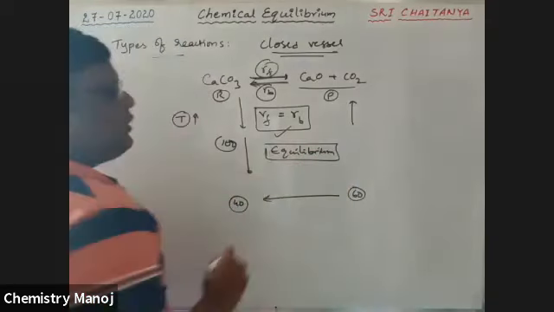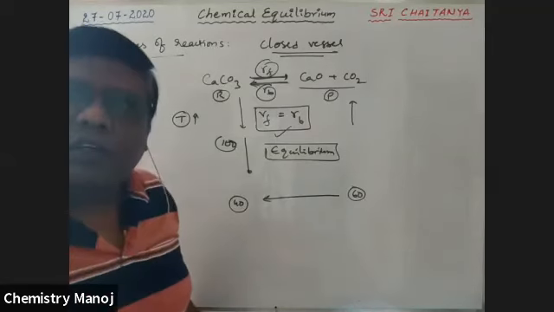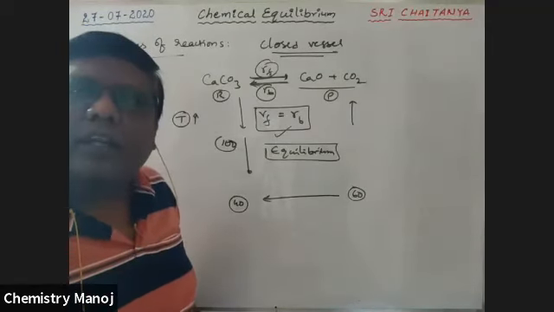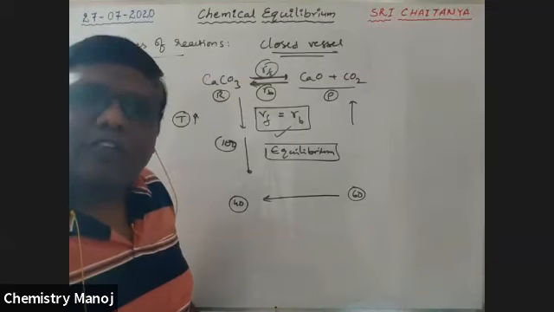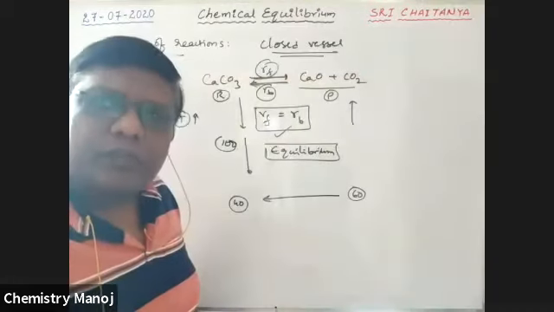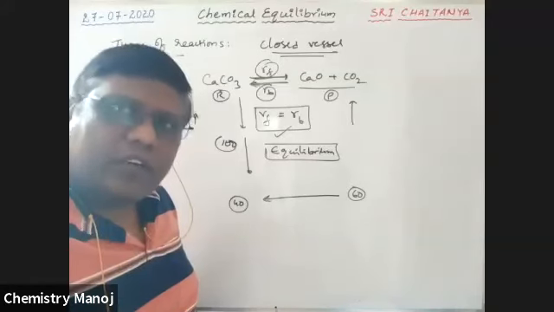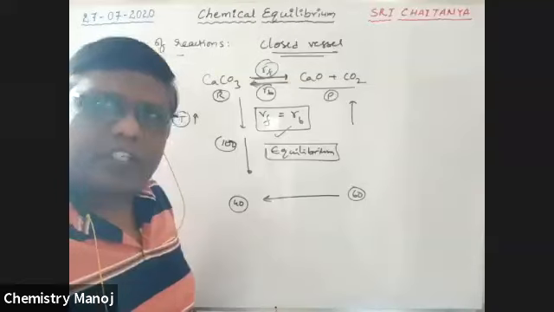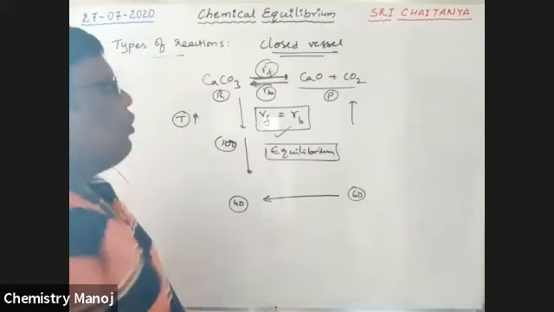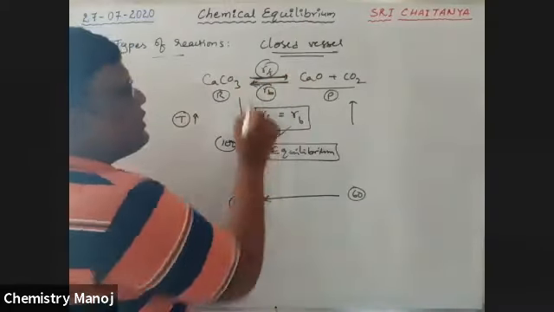The word equilibrium itself gives that meaning. So what is equilibrium? In a reversible reaction, the state at which the rate of forward reaction is equal to the rate of backward reaction is called the equilibrium state. At that state, both forward and backward reactions take place simultaneously.